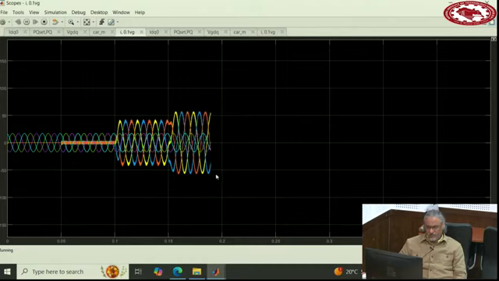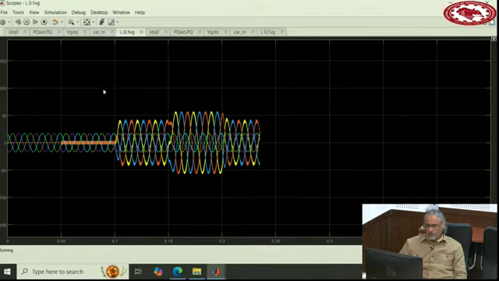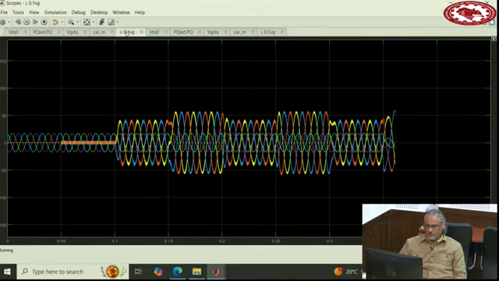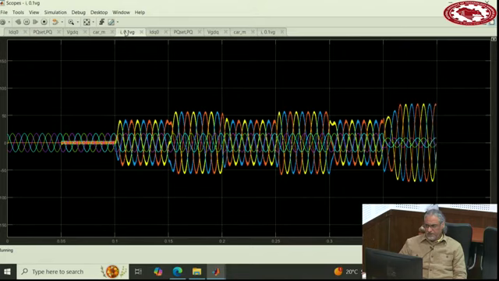Reactive power set point back to 0. It is shown here. Real power, reactive power. And then current limiting. And then back to normal mode.